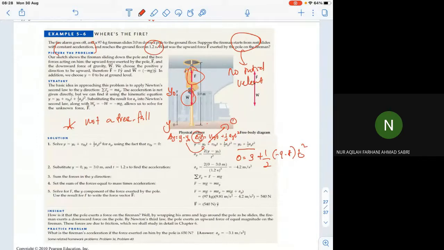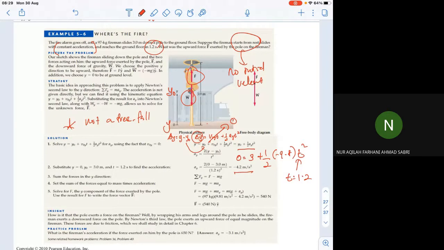The time is 1.2 seconds to reach the ground floor, so we replace t with 1.2. You can try it on your own, to get negative 4.2 meters per second squared. So that is only the acceleration.